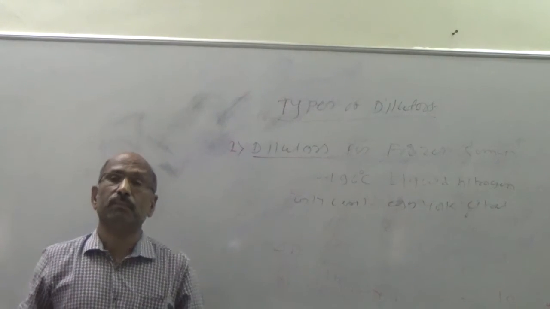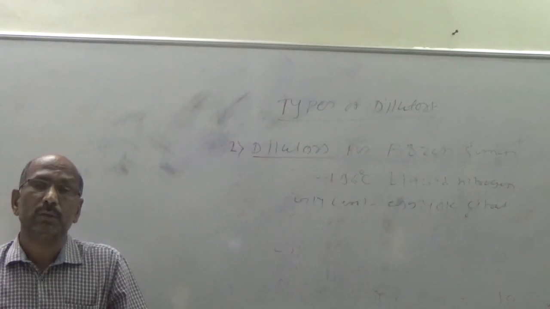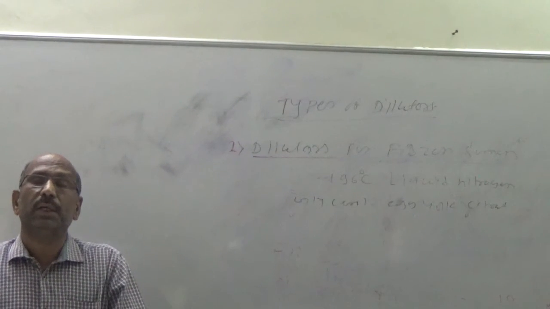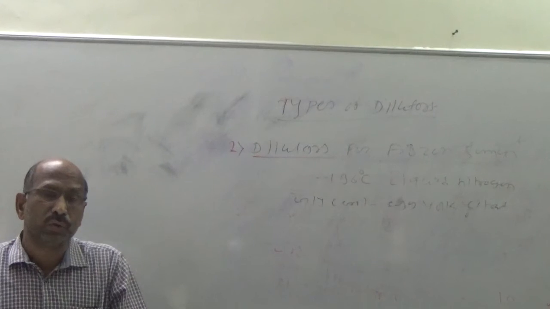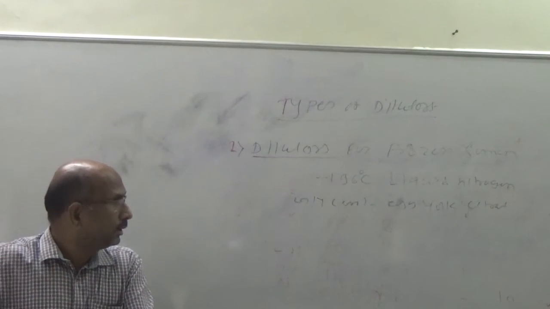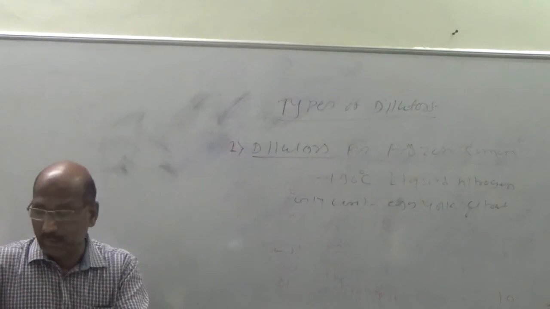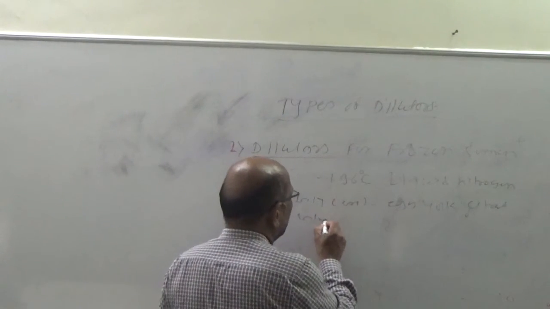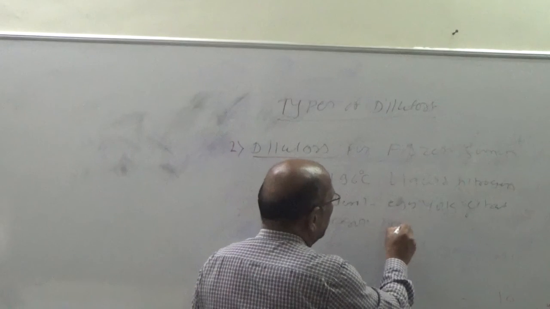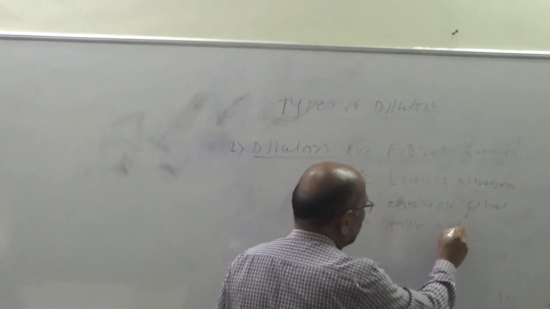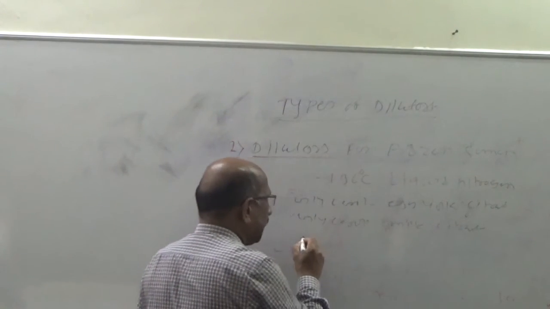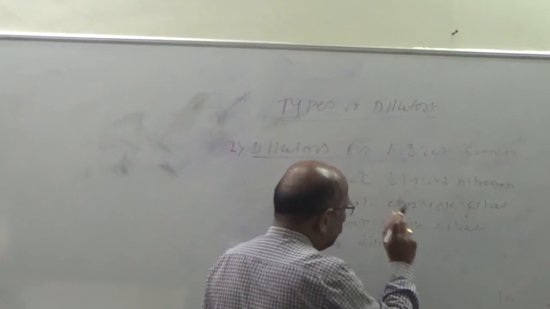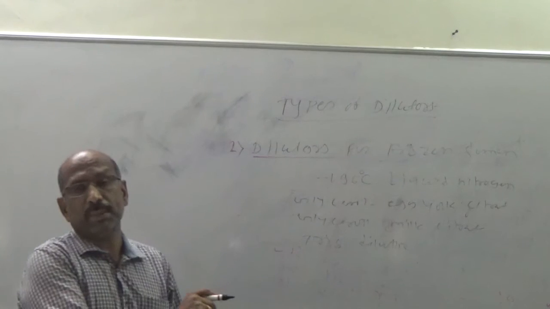The major function of glycerol is to protect the semen from cold shock. So these are the diluters which are used for the frozen semen technique.